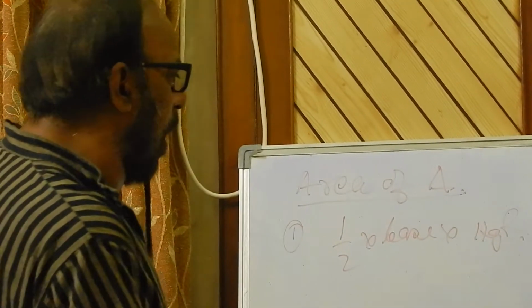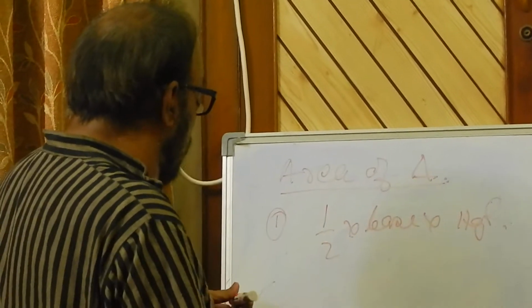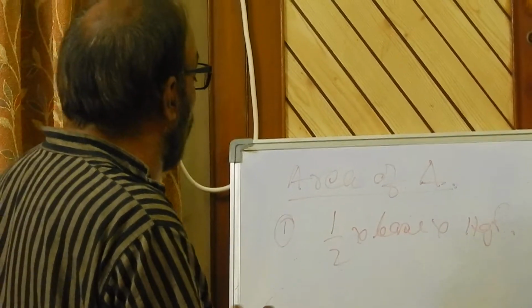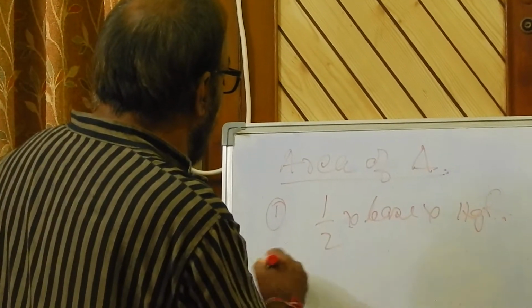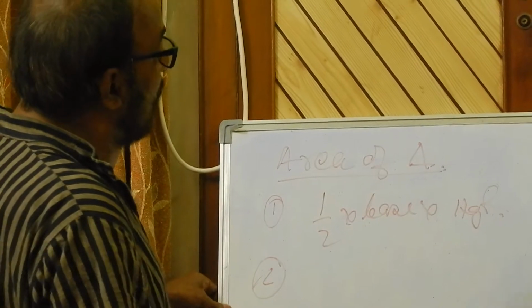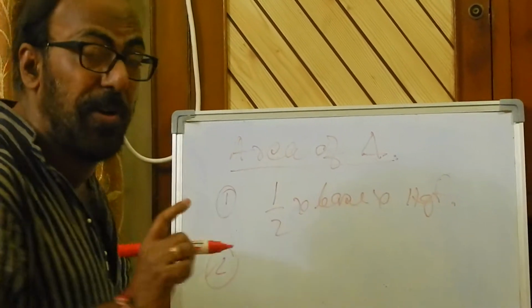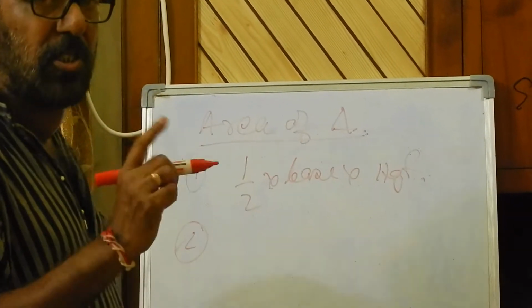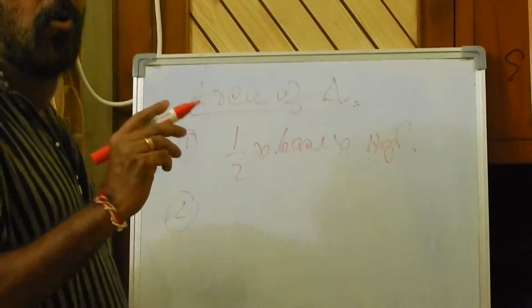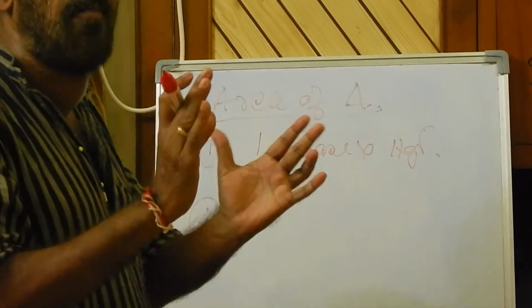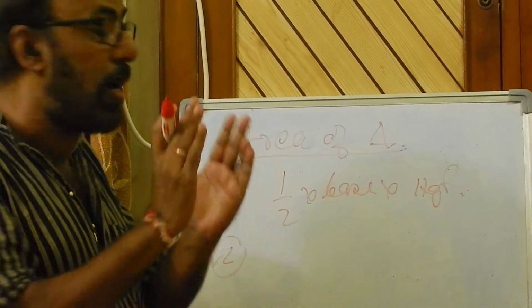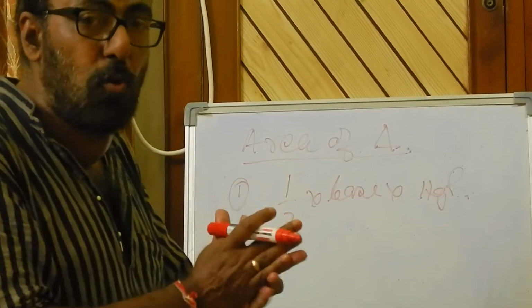And secondly, it's a famous formula, Heron's formula, as you know. It is associated with the perimeter of the triangle. Perimeter S is denoted by S equal to the sum of the sides divided by 2.